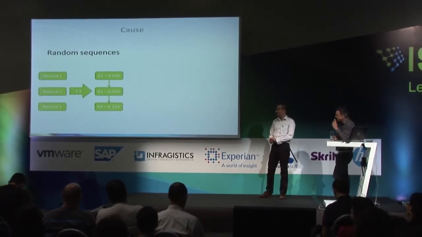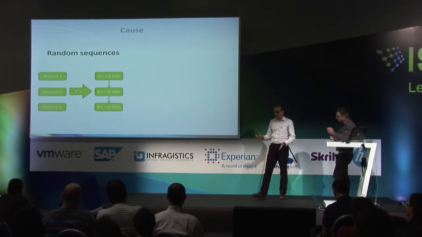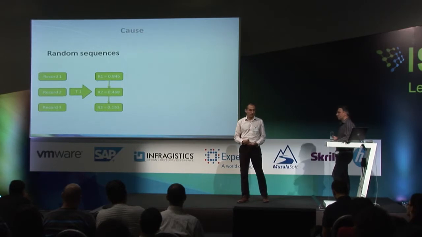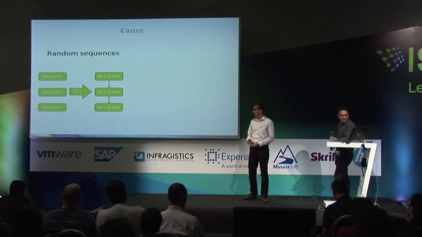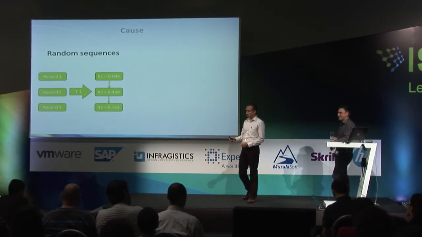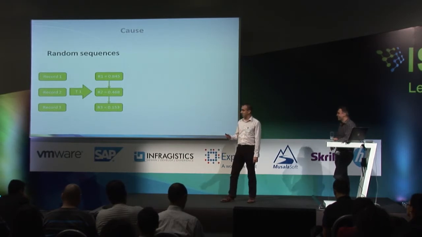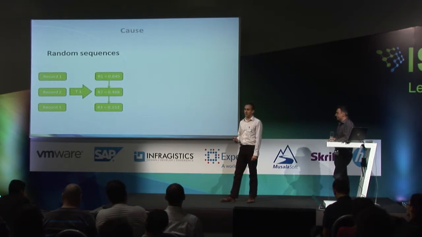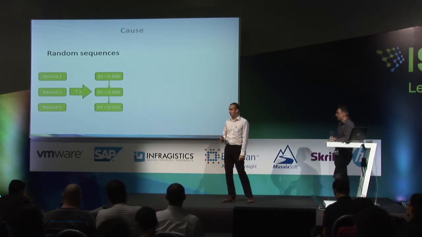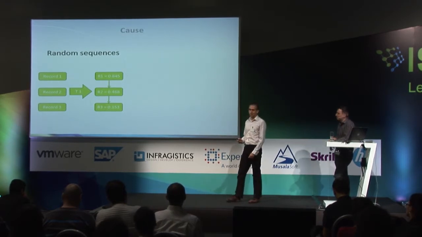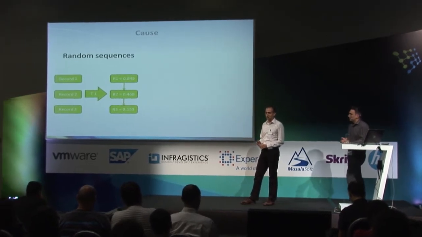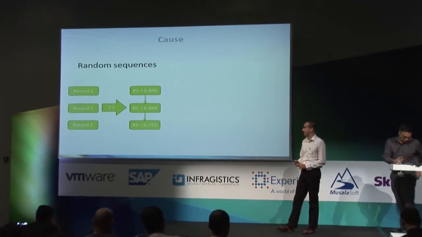What's the cause? In a single-threaded environment, we process the records each time in the same sequence. So this way, each record receives exactly the same element of the random sequence each time. But let's see what is going to happen when we have a multi-threaded environment where there are no guarantees about the order of the processing.